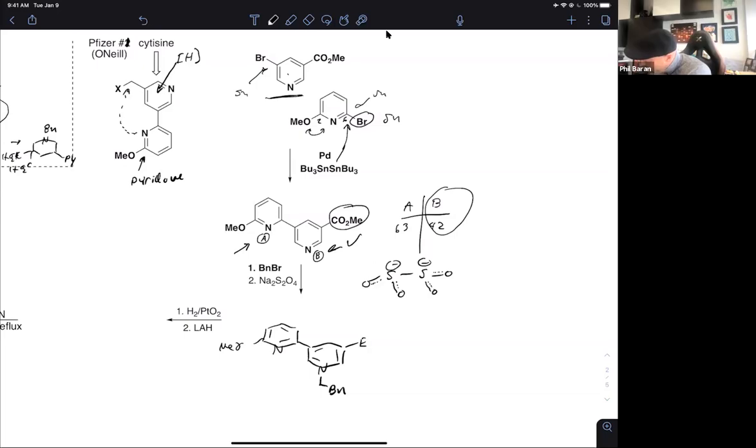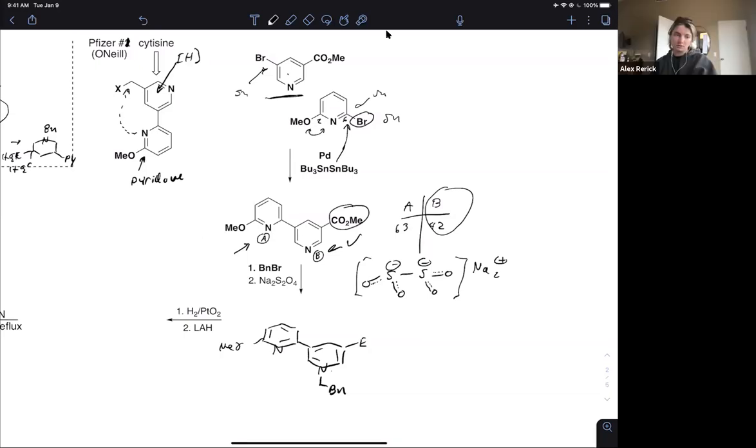That's how you can view dithionite. And so, Alex, going back to you, does that look like an oxidizing reagent or a reducing reagent? Reducing. And so what Nick said is likely going to be what's going on here.